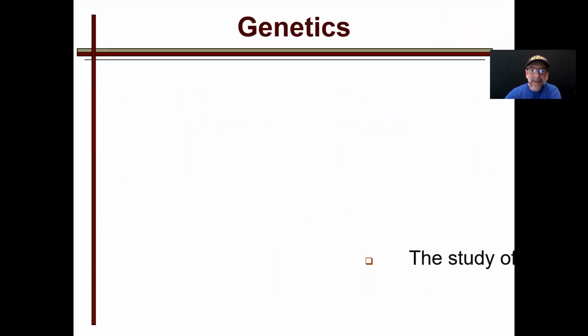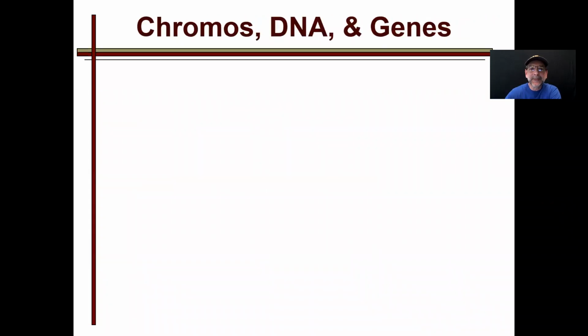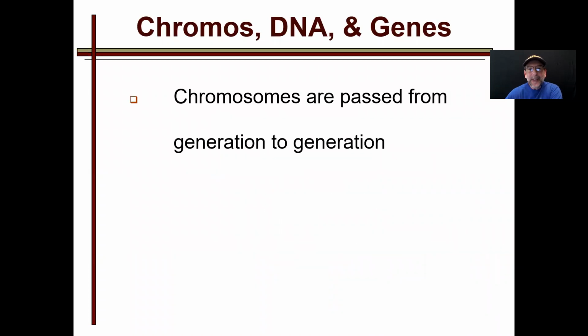So, genetics, it's the study of heredity. How are these characteristics passed from generation to generation, from parent to child, child to child, one after the other? Well, how it's done is actually through DNA. The characteristics are passed physically from parent to child. Don't forget that chromosomes are condensed DNA.